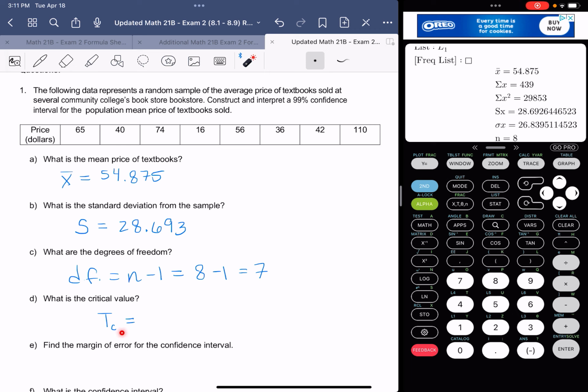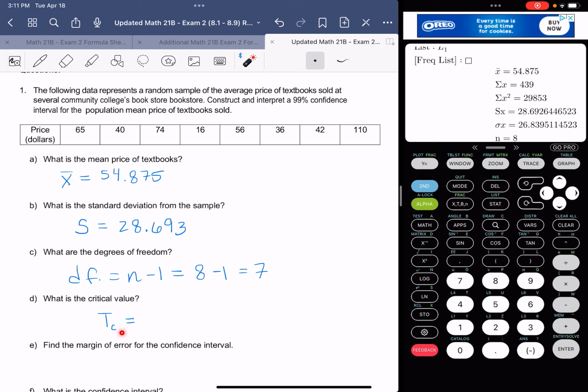Good question. So our degrees of freedom is 7, and the confidence level is 99%. So see where those 2 values intersect. Degrees of freedom 7, confidence 99%. Where does that meet? 3.499.